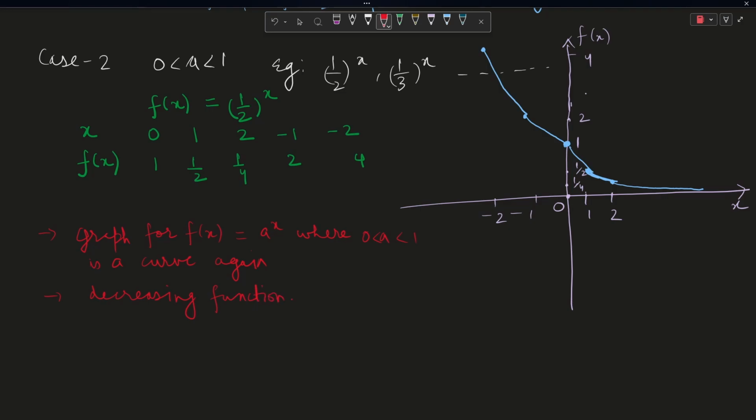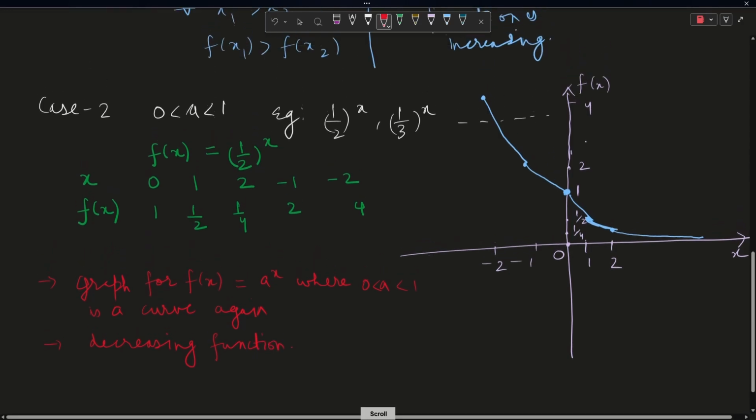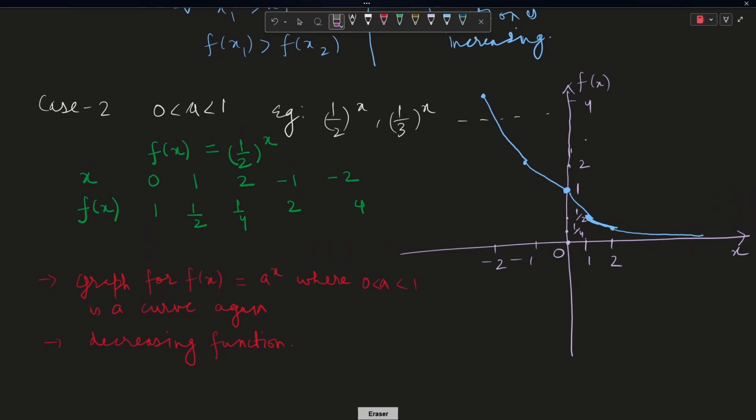Now, why is it a decreasing function? Again, just take some points. We can take some points here. Let's say we are taking this point and this point. This will correspond to this, and this will correspond to this.